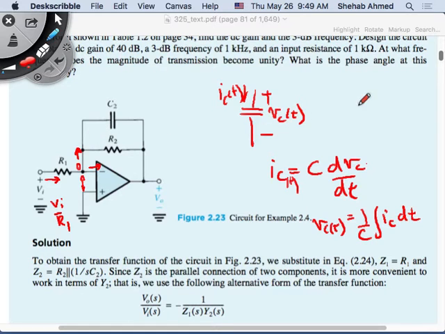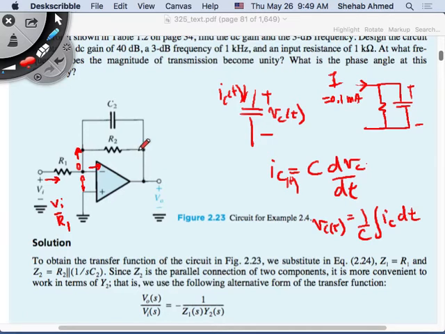Now this is 214. I here is constant. Let's assume this is a DC input, so this is a constant current, say 0.1 milliamp, for example. That's going to flow into an RC circuit. What's going to happen to the voltage?